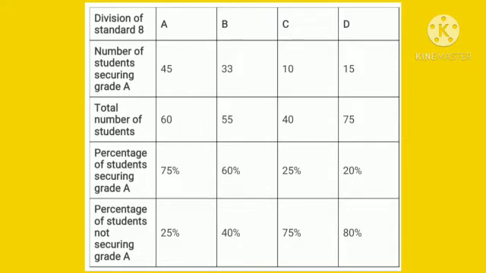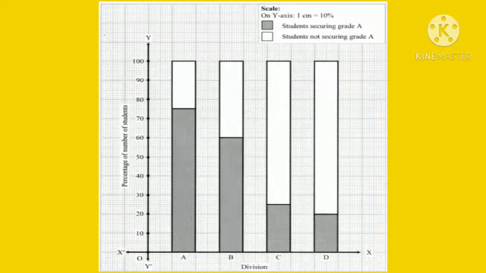And the percentage of students not securing grade A will be equal to 100 minus 60, which is equal to 40%. Similarly, we will calculate the percentage of students securing grade A in C and in D division. Now, let us draw our percentage bar graph.